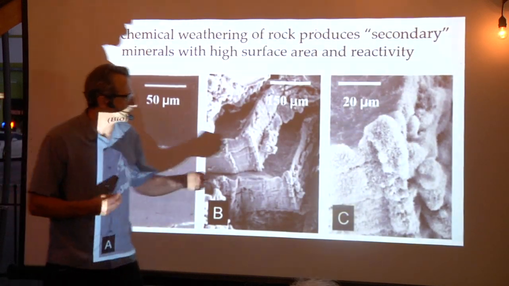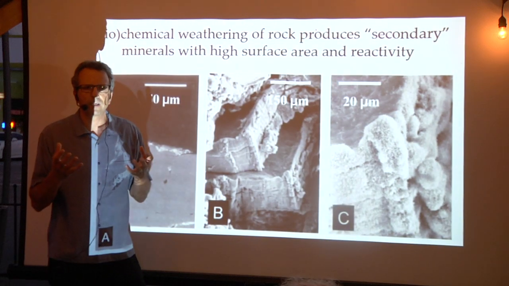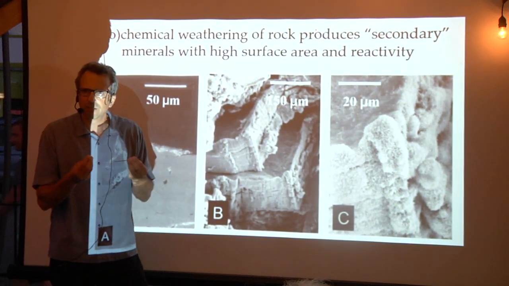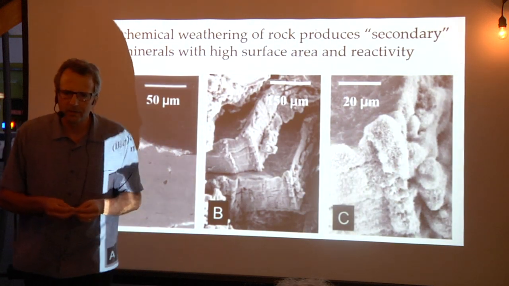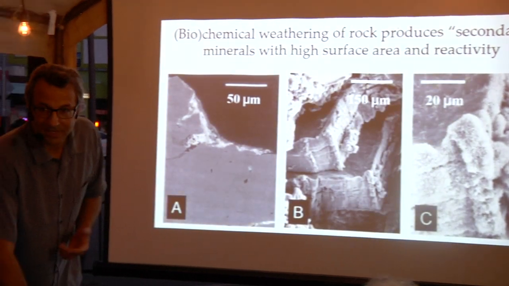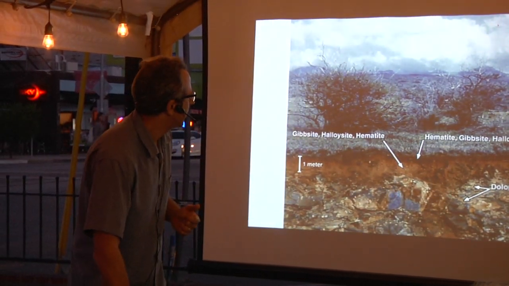And so these microscopic images give you some understanding then of precisely what's going on in these weathering environments that contribute some of these services, if you will, to society. We should be grateful for the fact that weathering is happening in our backyard.